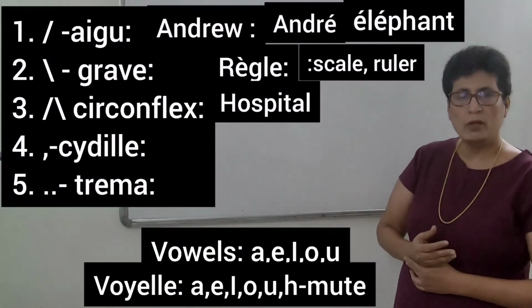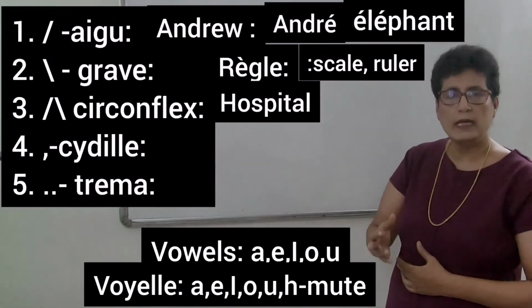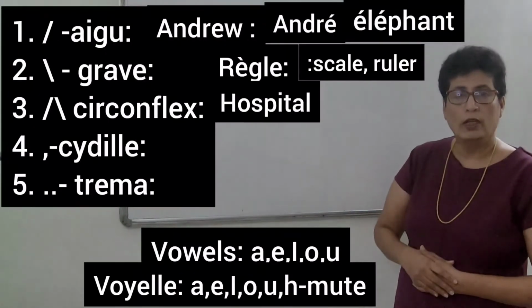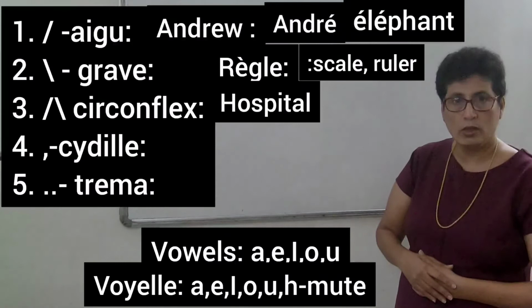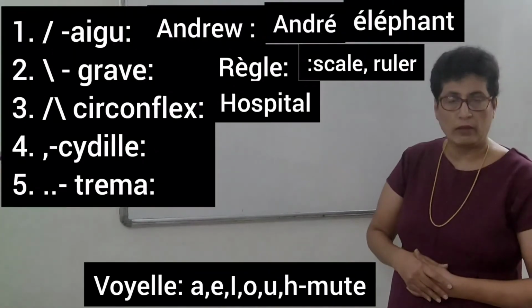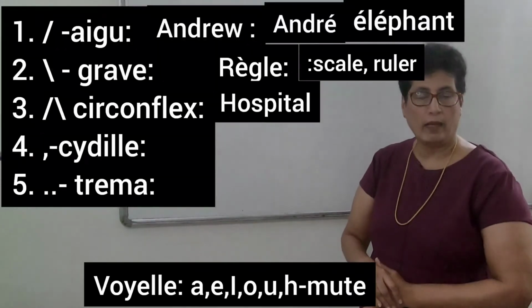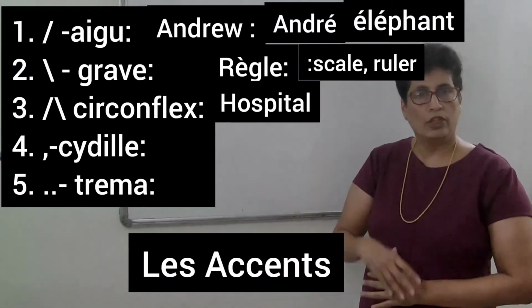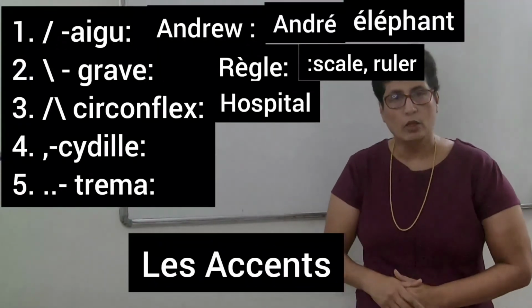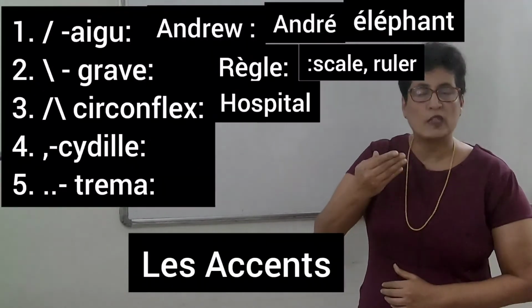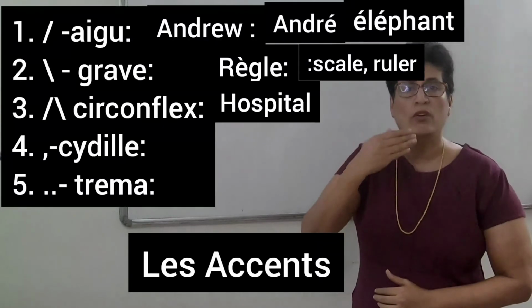And the vowels in French are A, E, I, O, U. And there is one more. It's the H mute or the H aspire. Do you know the meaning of mute? Mute means no sound. And the meaning of aspire is it's just the sound of air.